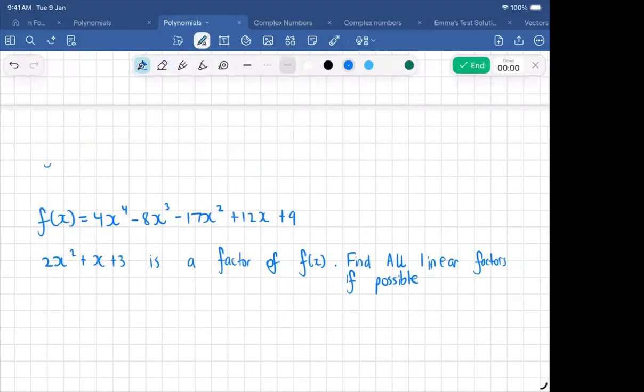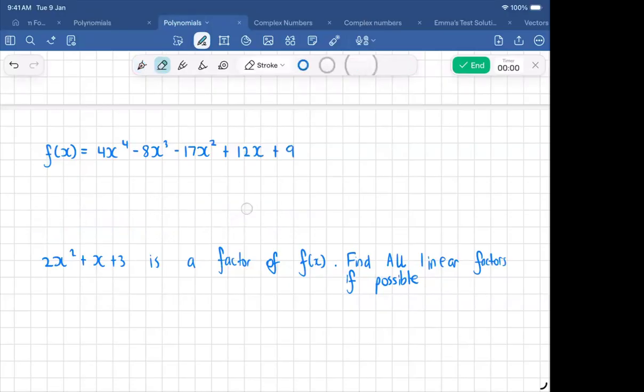So f of x is equal to 4x to the power 4 minus 8x cubed minus 17x squared plus 12x plus 9. And 2x squared plus x plus 3 is a factor of f of x.